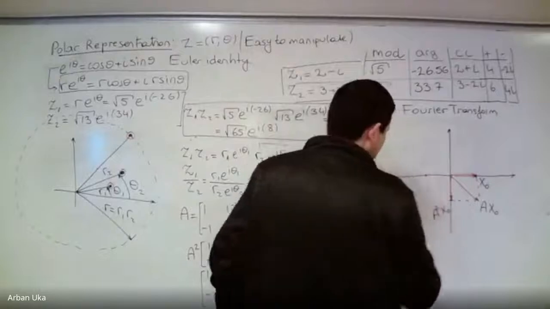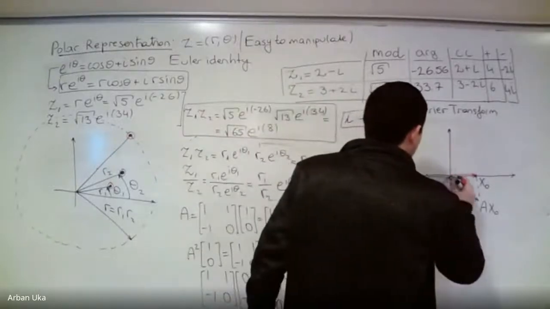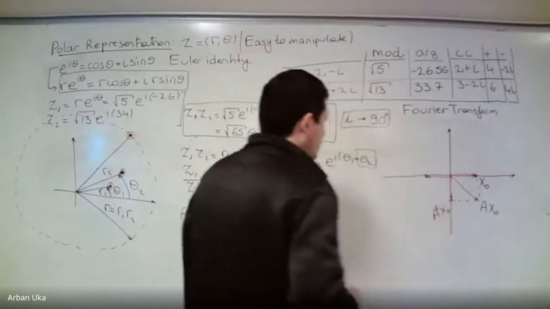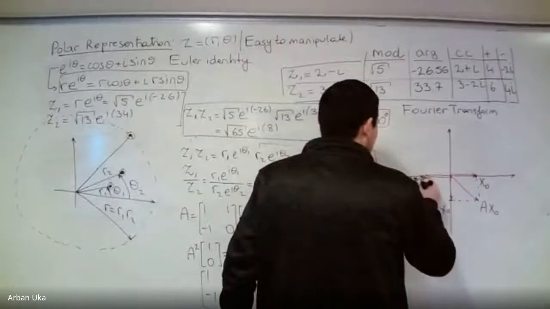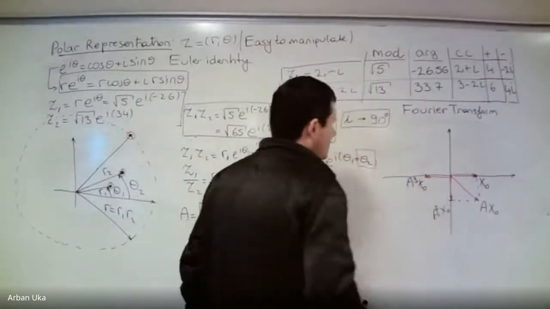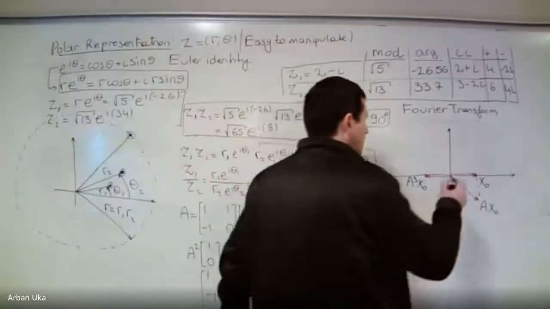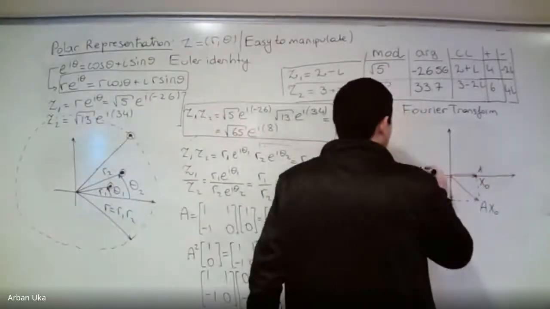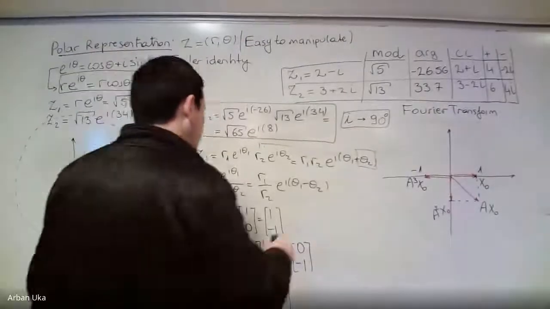It's this point right here, so it's going to be this vector. This is A cubed times x0, so A to the power 3 times x0. Whenever we multiply by a matrix A, we are rotating the vector, and we might also be changing its direction.